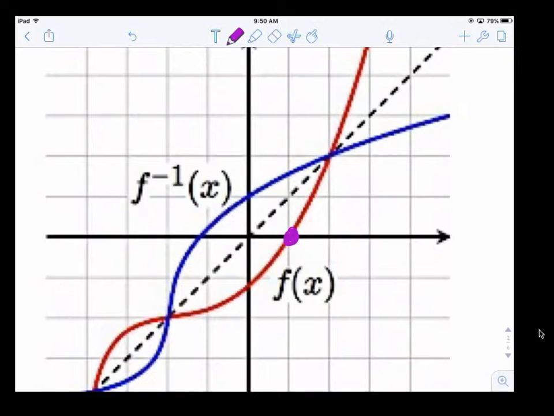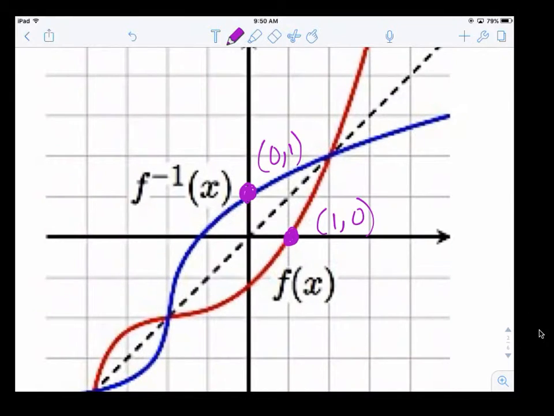I have a point here at 1, 0. If it has an inverse, what's the corresponding point? 0, 1, which is right here. Even without the blue line, if I knew f of x has an inverse, and I have a point at 1, 0, I should have a point at 0, 1. So again, you're just switching them.